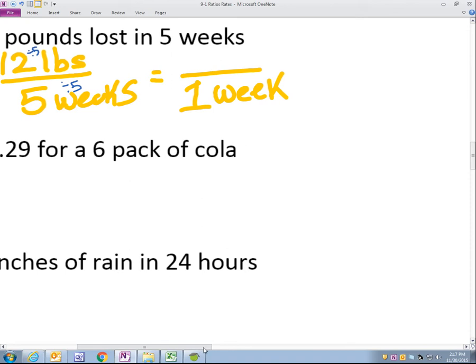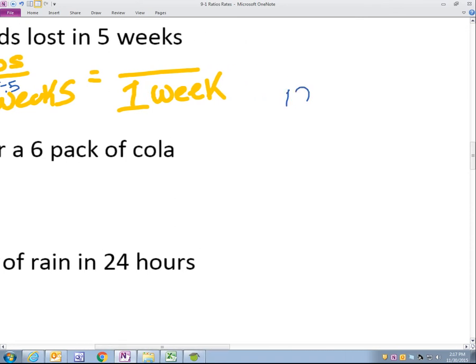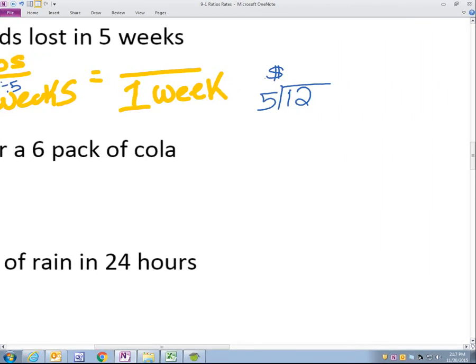I'm going to go over here. 12 divided by 5. It's going to be a dollar amount, right? Was it dollars? Oh, pounds. See how I'm doing this subtraction sign right here, guys?